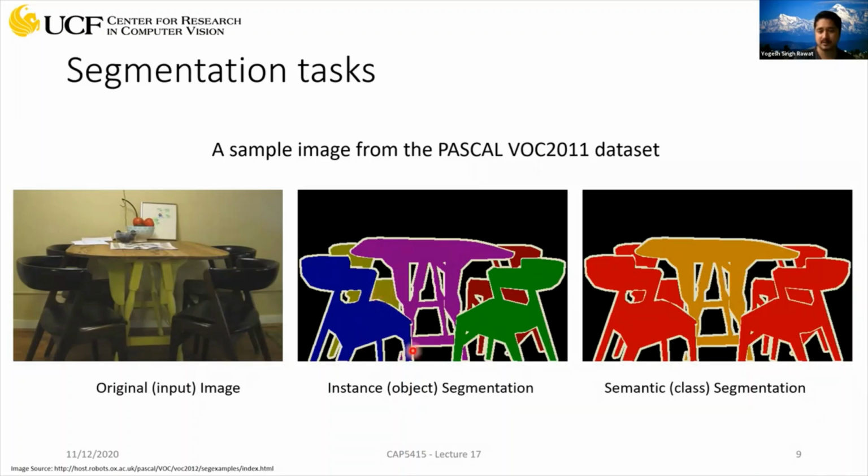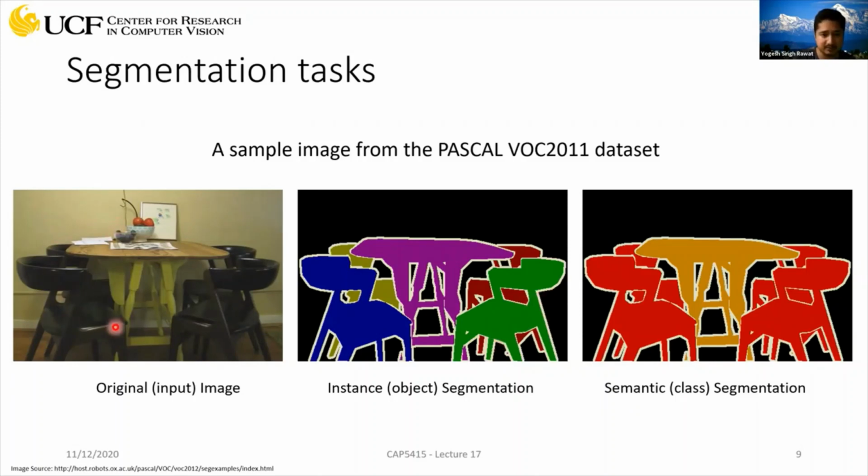One big difference between semantic segmentation and instance-level semantic segmentation is that in instance level, you have to tell which category each pixel belongs to, but then you also have to group those pixels which belong to one particular instance. Let me try to explain that.